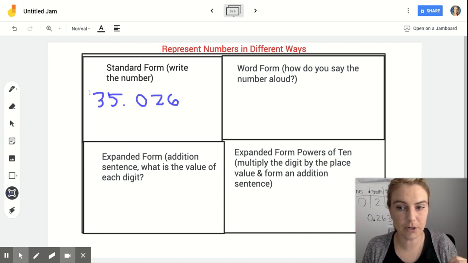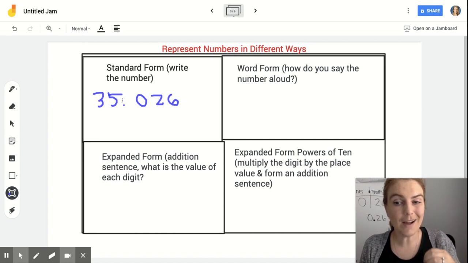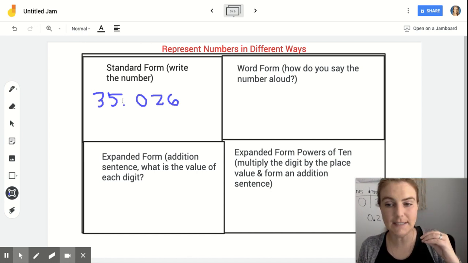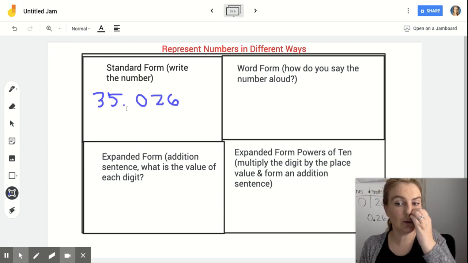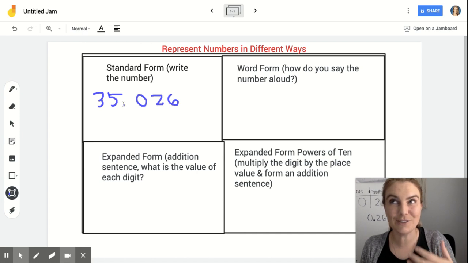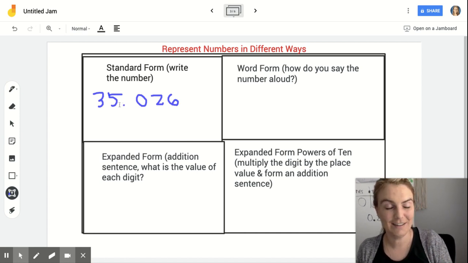I'm going to say the whole number. And then when I get to the decimal, I'm not going to say decimal point. I'm going to say the word and. Anytime you are coming across a number with a decimal, how you fluently say that number aloud is, when you see the decimal, you say the word and.